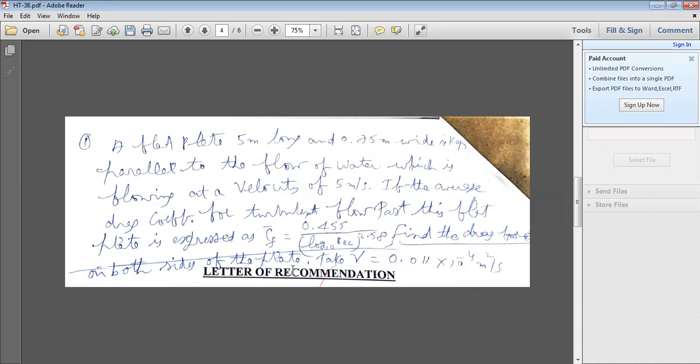So far we have calculated only one side surface area. If you calculate the surface area of two sides, then you'll get the drag force on both sides of the plate. Take kinematic viscosity nu equal to 0.011 into 10 power minus 4 meter square per second.